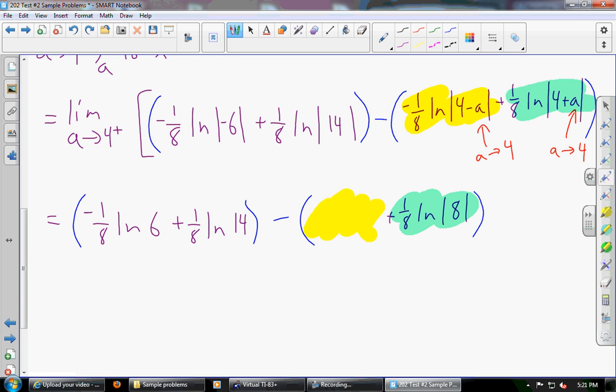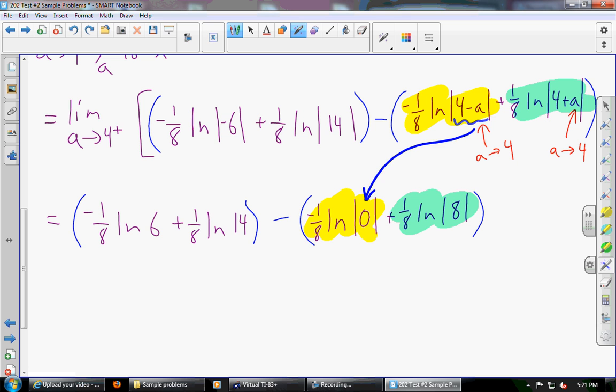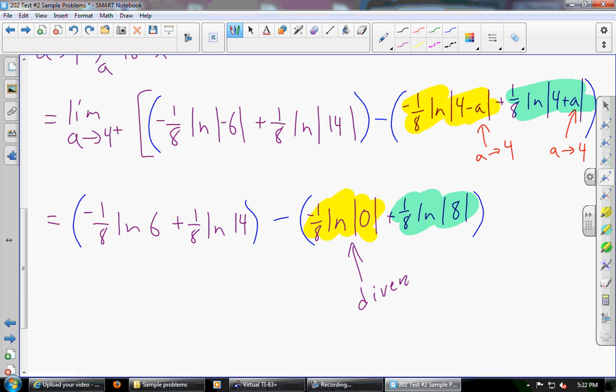I won't tell anybody because it's really not okay to write that, but we'll write ln of, if a approaches 4, then this thing inside here approaches 0. So that 0 is right in there. And ln of 0 is undefined. It's no good. So I think we should stop writing ln of 0 and just say this integral diverges because of this term.